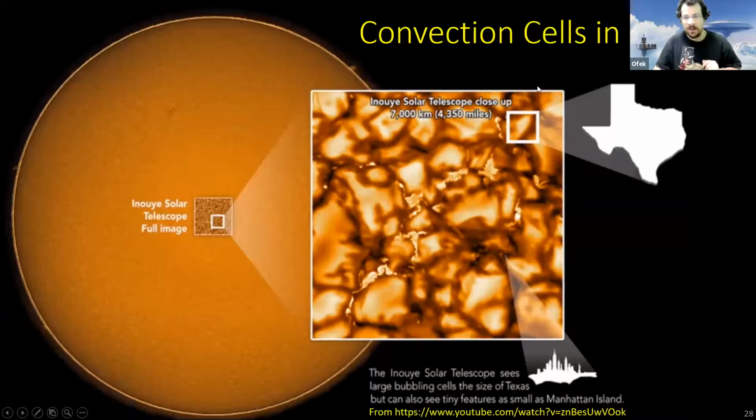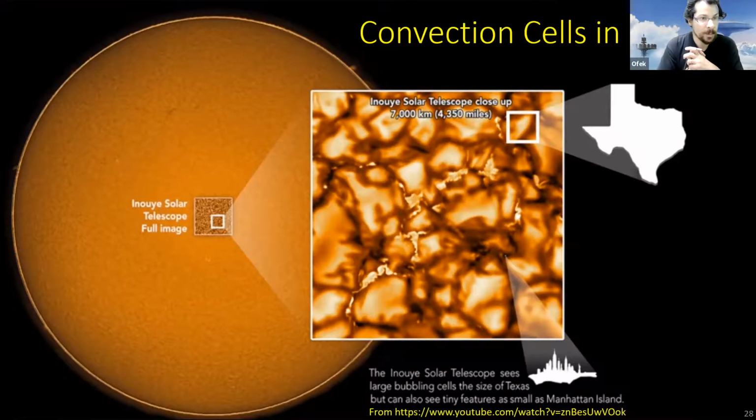We can see this, and this will be the last slide for today. If we look at the sun at a high resolution, we can see this granularity, we can see these bubbles on the surface of the sun. Here we can see them from the size of Texas to about the size of Manhattan as the pixel size from this solar telescope.